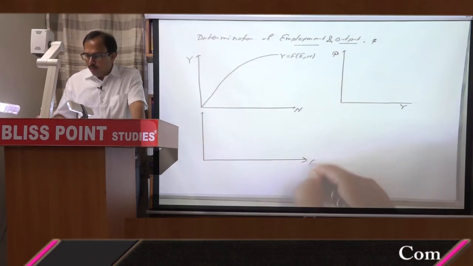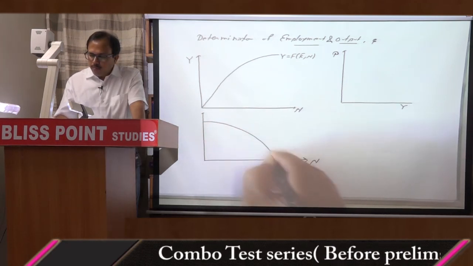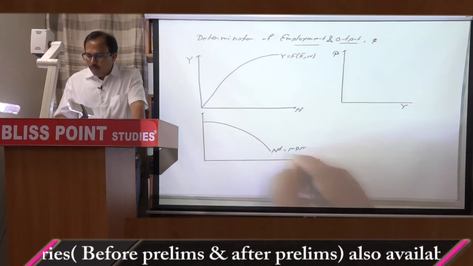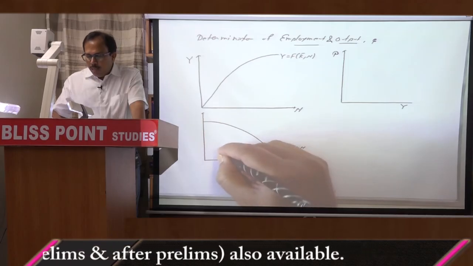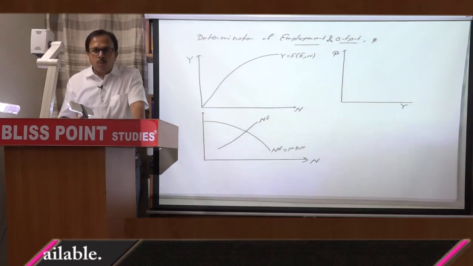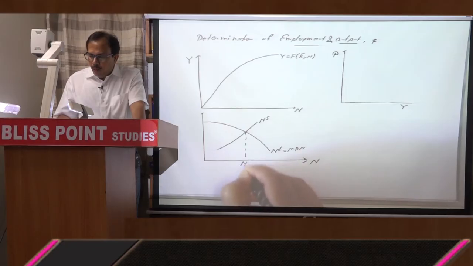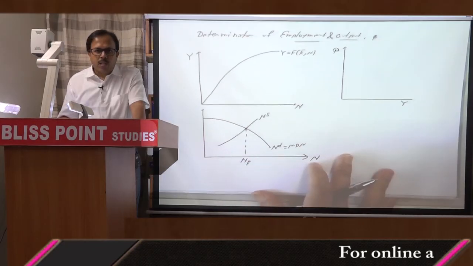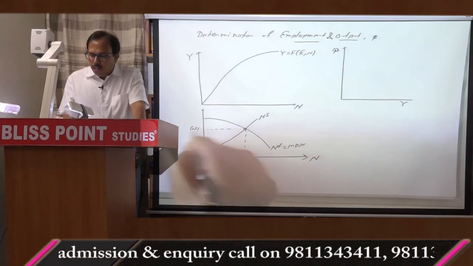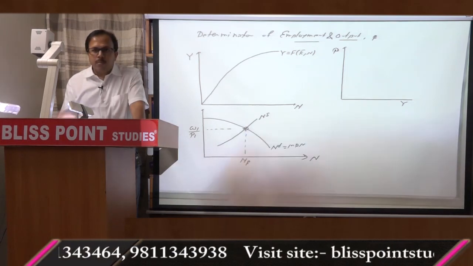Labor demand was the marginal product of labor curve, MPN, and labor supply just derived was positively sloped. So their equality will determine full employment. You can write it NF or N star, and that will also determine the real wage W1 by P1. So this is labor market equilibrium.